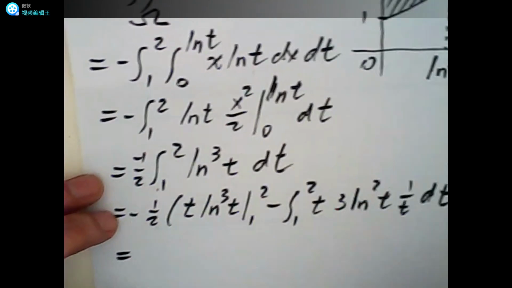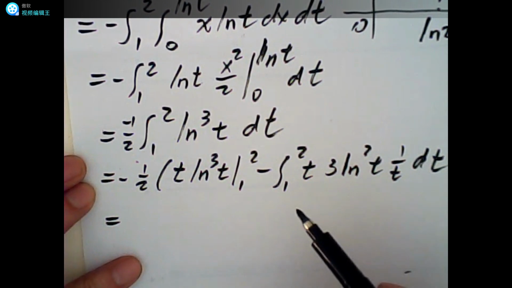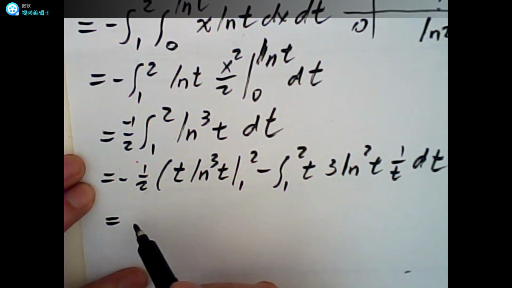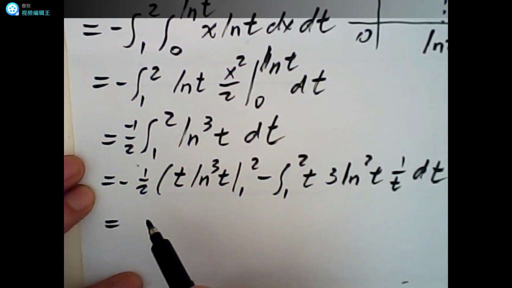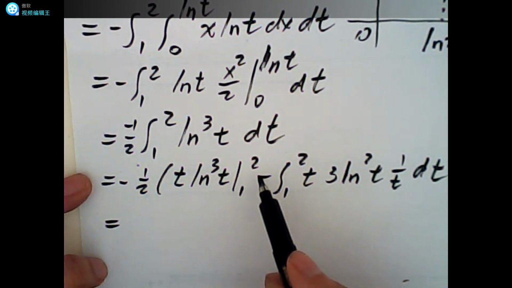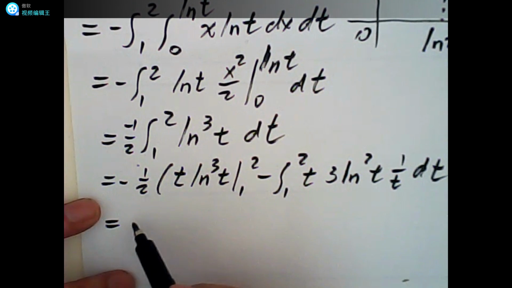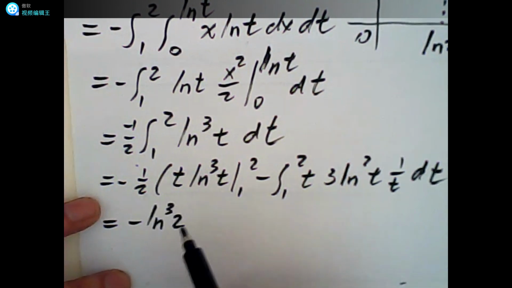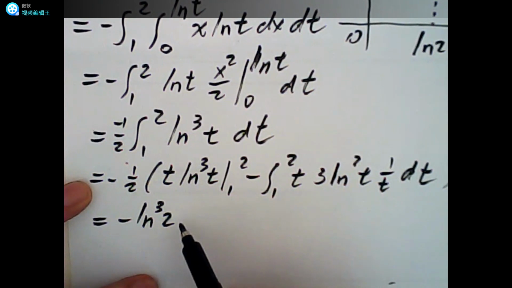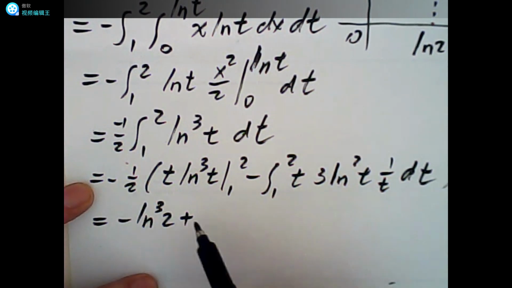And this one is equal to, well, lots of calculations. This 2 cancels with that 2 and becomes a negative log cube 2, plus, this is negative becomes plus, right?